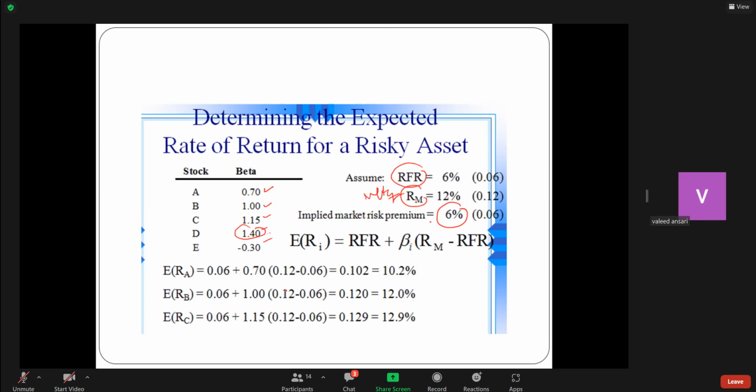This one is 0.7, so its return is 10.2%, lower than the market, because its beta is less than 1. The other one has beta exactly 1, the same as the market, and another has beta 1.1, so it is slightly greater than the market. What is causing the variation is the amount of risk which is there, which we call beta.